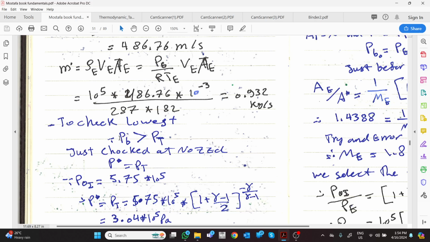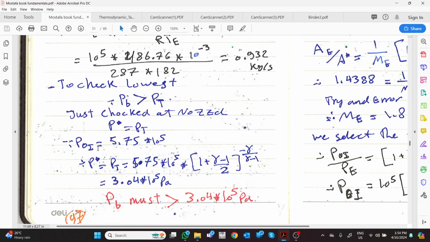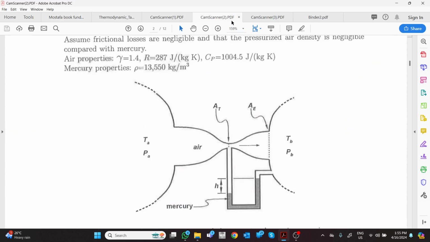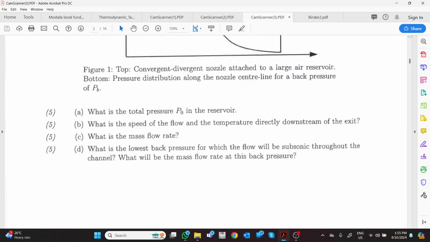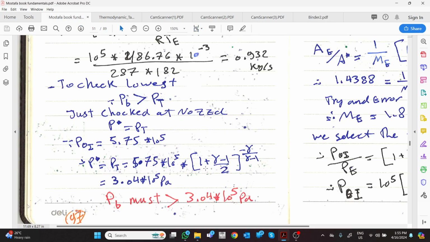To have a shock, the back pressure needs to be just equal to P throat. So P stagnation should equal 5.7, this is the stagnation pressure, which gives P star. So P back must be bigger than 3.04 multiplied by 10 to the power of 5 Pascal. This is the answer to what is the lowest back pressure outside to make the flow subsonic.